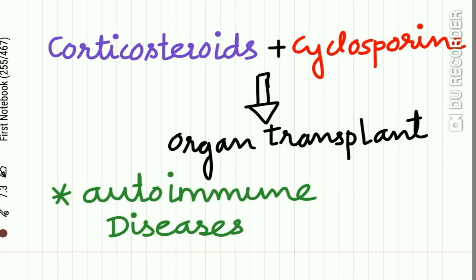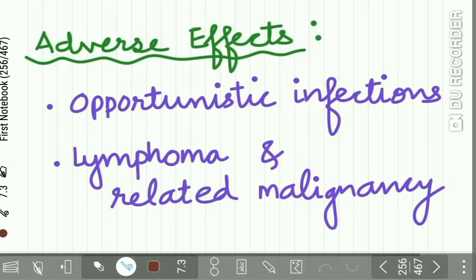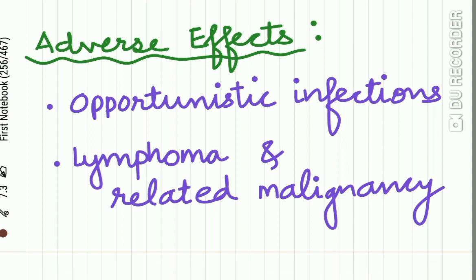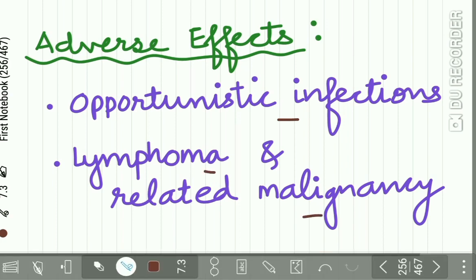Now, corticosteroids and cyclosporine are together used in organ transplantation and they are used in severe autoimmune diseases. The adverse effects of the glucocorticoids include increased risk of opportunistic infections and development of lymphoma and related malignancies.